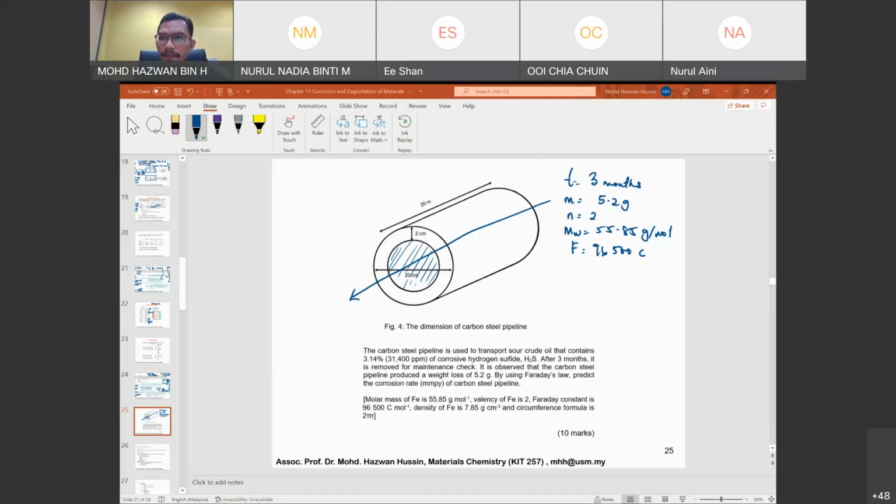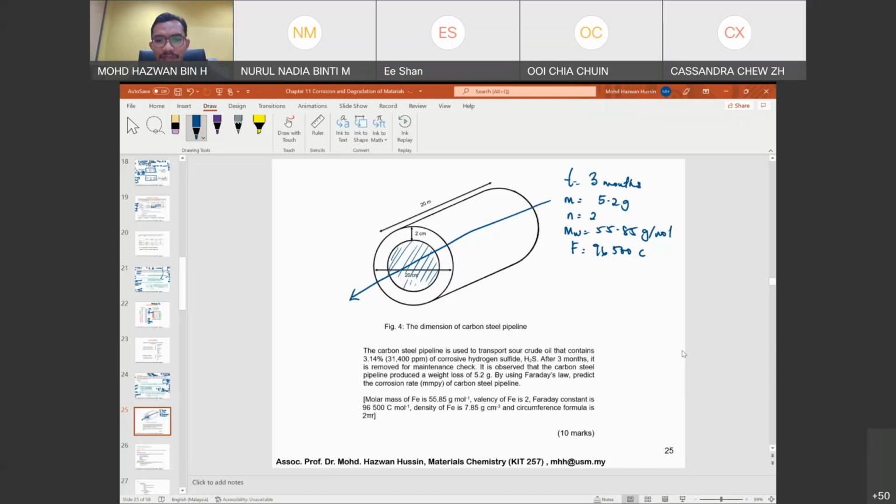Okay, Cassandra, what will be your opinion? Let's say that I want to calculate the corrosion rate of this pipeline. What do you need to find first, you think? Or how do you relate?